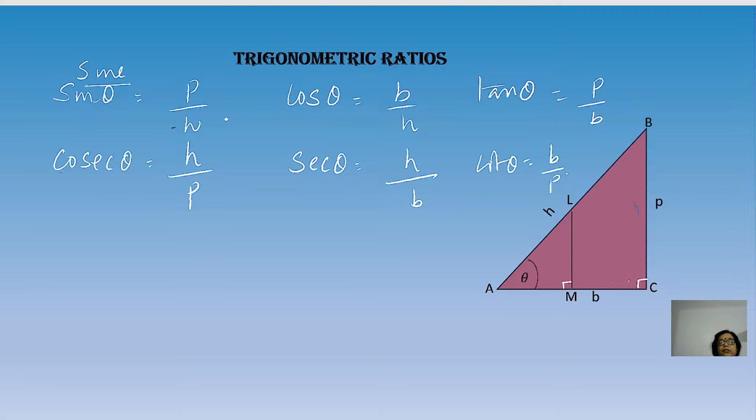And then these values: p by h, b by h, p by b. To remember this, we have a small statement: Some people have curly brown hair, turned permanently black.